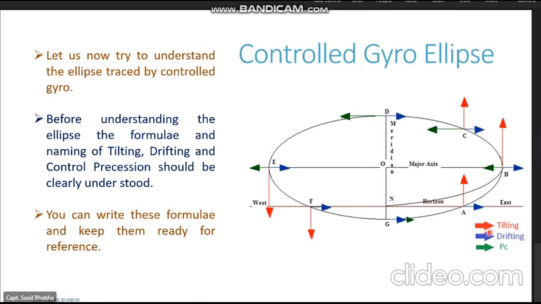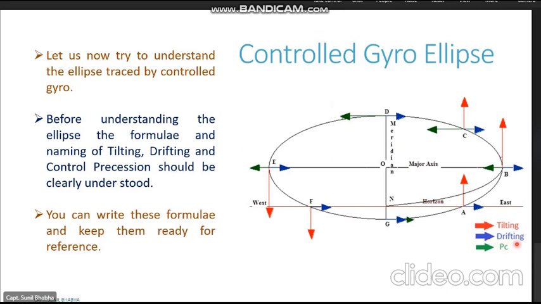The first arrow, which is the red one, represents the tilting motion. Tilting motion is caused because the spin axis follows the gyrostar, and as the gyrostar changes its altitude, the tilt of the spin axis also changes. The blue color arrow represents the drifting motion. As the gyrostar changes its azimuth, the spin axis follows the gyrostar and changes its drift, which is shown by the blue color arrow.